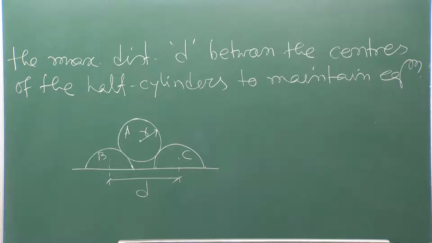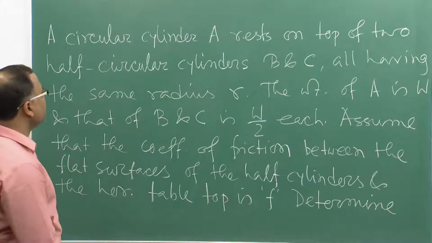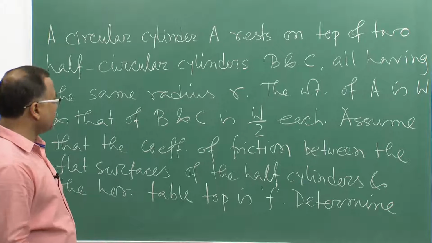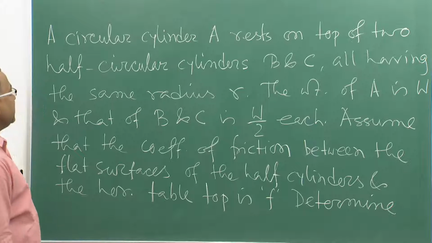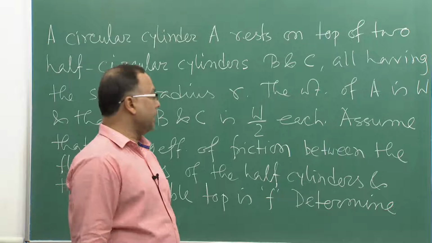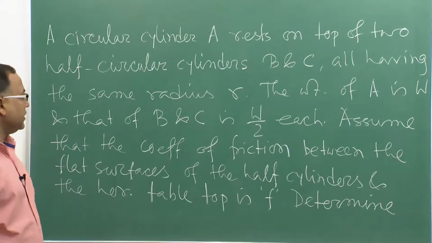This is the problem. The problem says a circular cylinder A, as shown in the figure, rests on top of two half circular cylinders B and C, all having the same radius r. The weight of cylinder A is W, and that of B and C is W by 2 each.